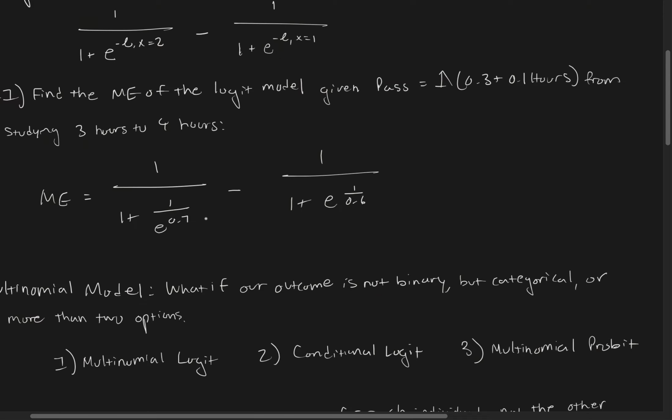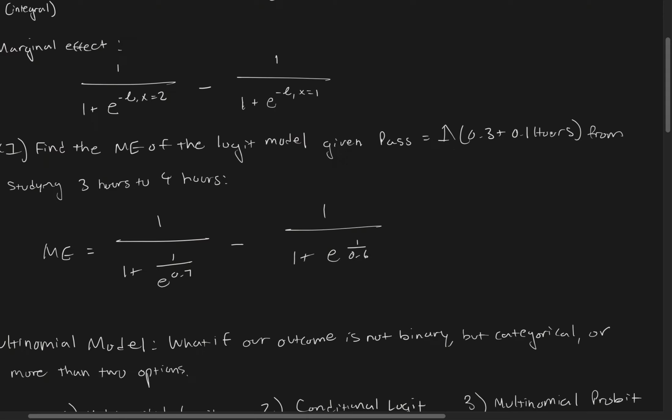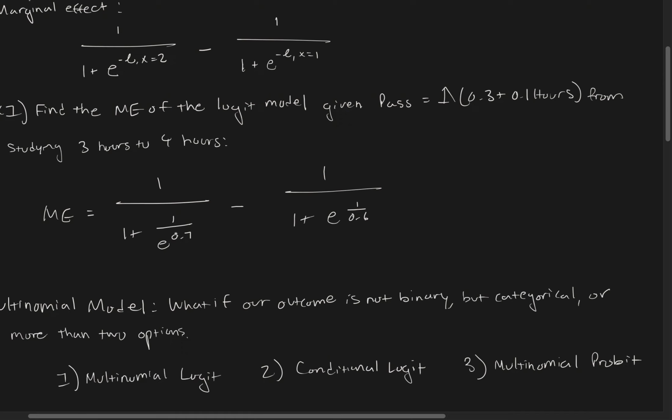If we study 4 hours, we input 4 here and get a value of 0.7, so that's what we input within the formula. For 3 hours, this comes out to 0.6, so e to the power of minus 0.6. Let me make that a little clearer, because that did not look like it was a power.